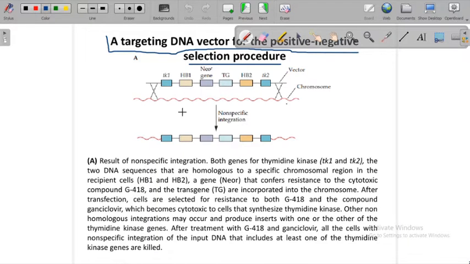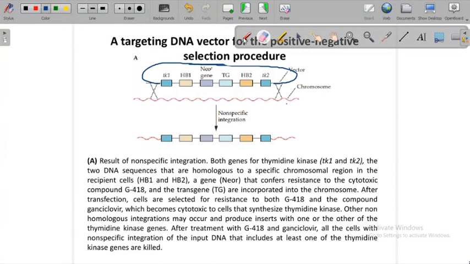Now what is meant by the selection procedure? After the arrangement, this is the vector molecule, and it will transfect our engineered cells, that is our stem cells, and stem cells have a nucleus.